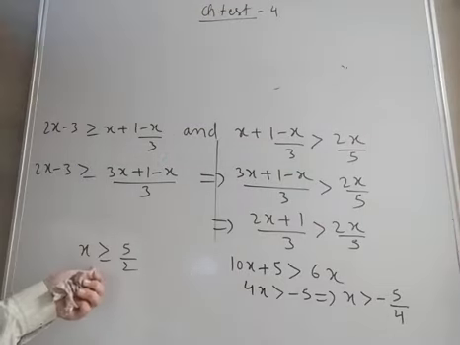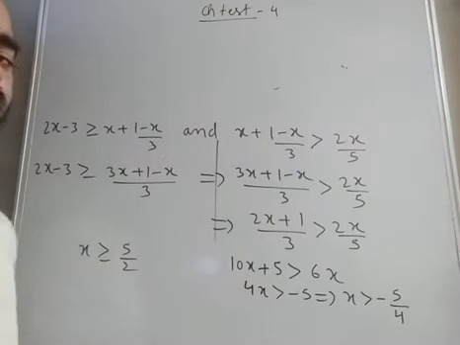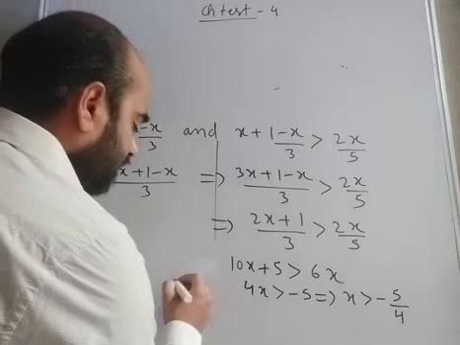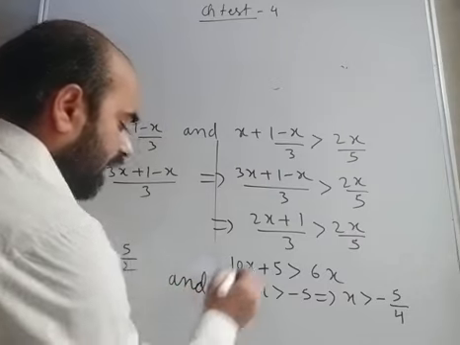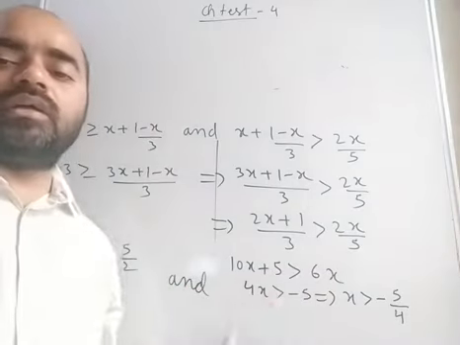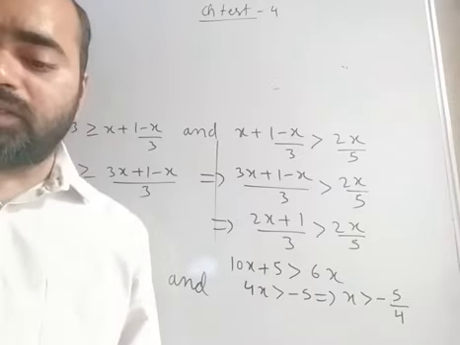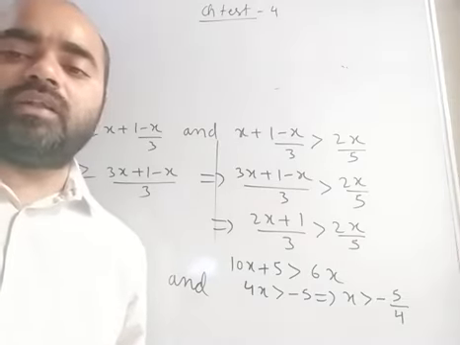Now here x is greater than or equal to 5 upon 2, and here x is greater than minus 5 upon 4, and this is an 'and', which means we have to take the common region. Clear? The question is to solve and represent the solution on the number line.